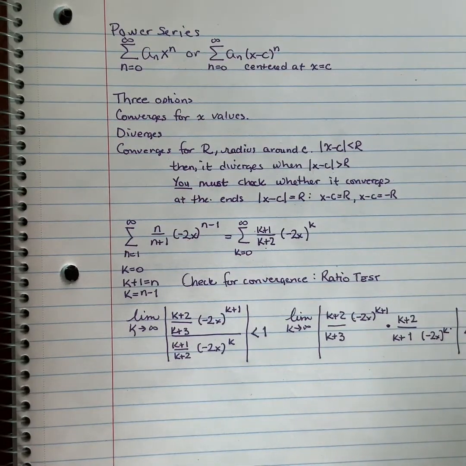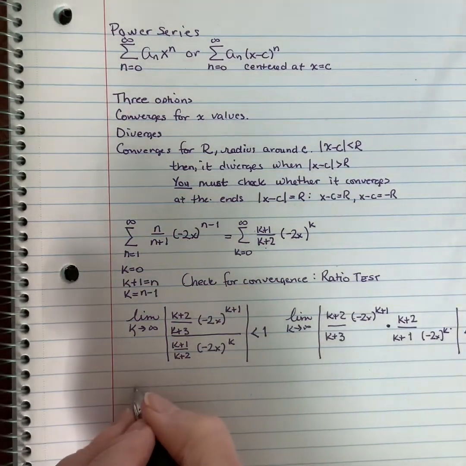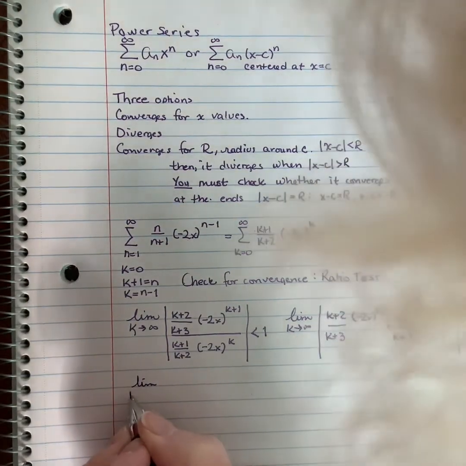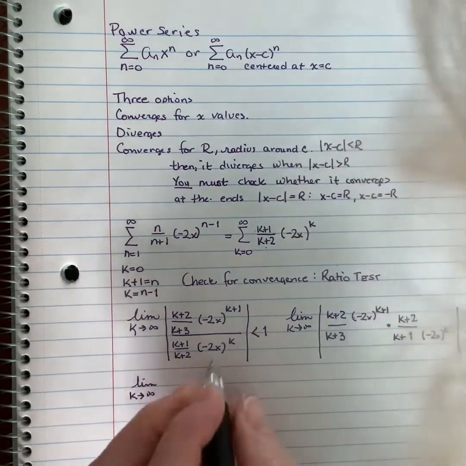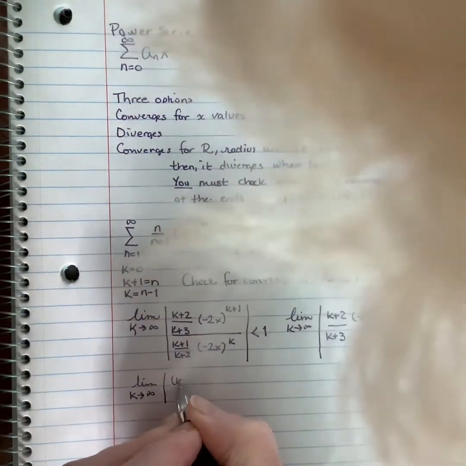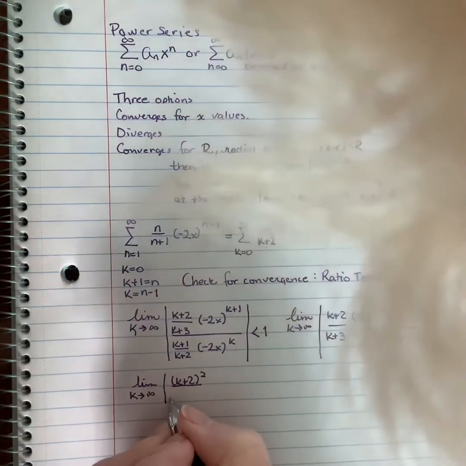So now I have to do some limit work. You'll notice you've got k+2 times k+2. So I've got to take the limit as k goes to infinity of (k+2) squared over (k+3) times (k+1).